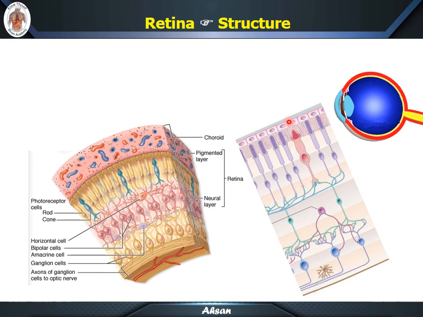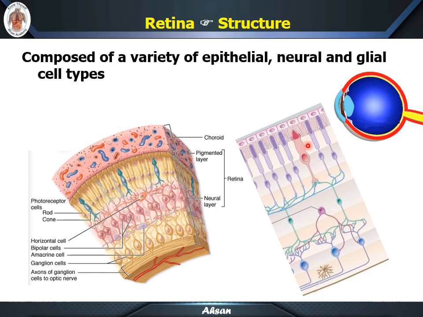So a single layer of epithelium is there, and then the junction, this is the nervous part, composed of epithelium and neurons, glial cells. Within this there are some modified epithelial cells that form the receptors, and there are some neuron cells we will get in the retina. Let us discuss in detail the structure of the retina.